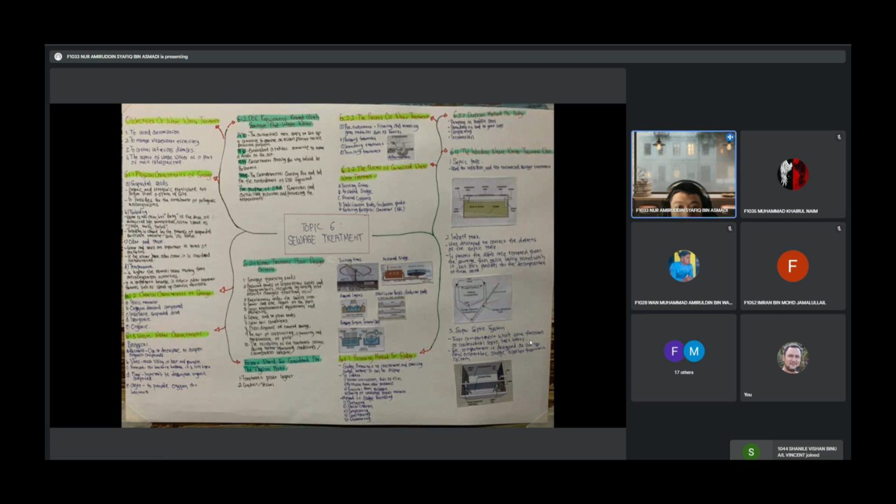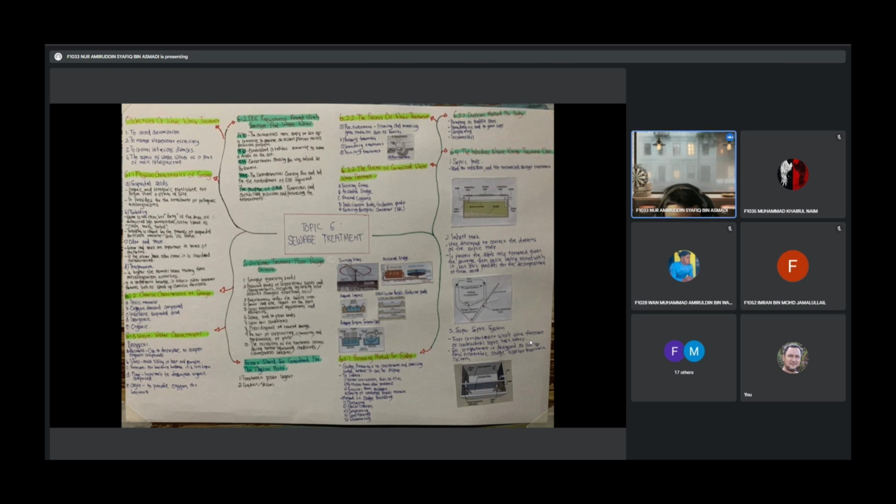Ini chapter 6, iaitu sewage treatment, mempunyai 3 tajuk utama, iaitu characteristic of sewage, design criteria for treatment plan, dan effluent and sludge disposal method. Tajuk kecil bagi characteristic of sewage ialah physical characteristic, chemical characteristic dan biological characteristic.